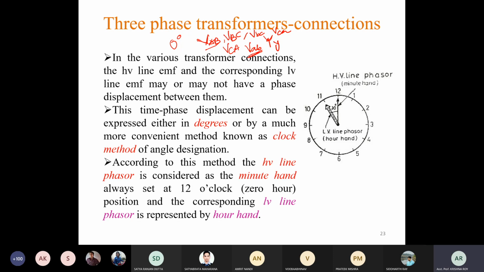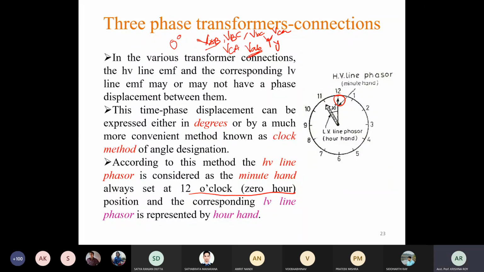According to this method, the high voltage line phasor is considered as the minute hand, always set at 12 o'clock, that is 0 hour. That will be our reference. With respect to this reference line, we have to denote the position of the low voltage EMF.